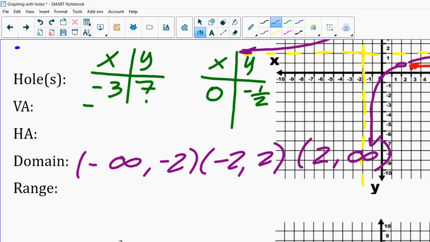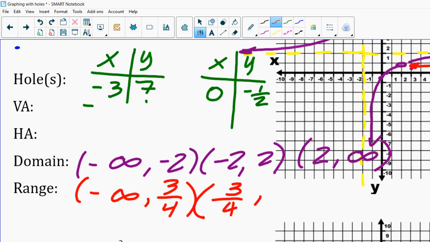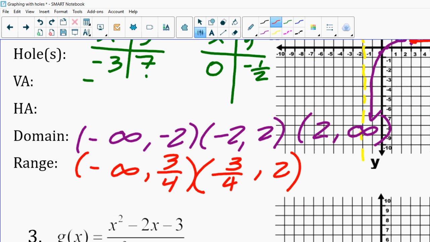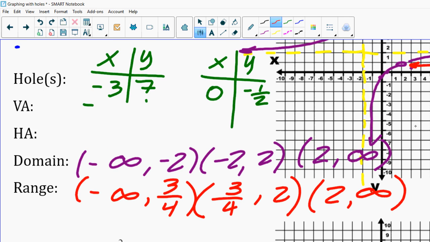So negative infinity to 3/4. I have to skip 3/4. Then I start again on the other side of 3/4, and then where's my next barrier? 2. So I have to skip 2, and then 2 to infinity. There you go. Guys, you can do that one. You can do them all.